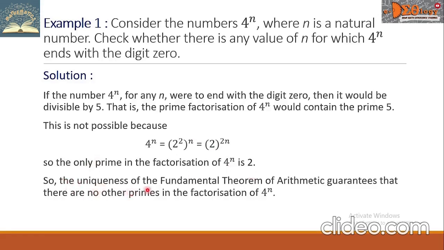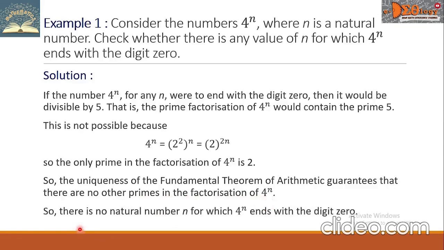So the uniqueness of the fundamental theorem of arithmetic guarantees that there are no other primes in the factorization of 4 raised to n. So there is no natural number n for which 4 raised to n ends with a digit 0.